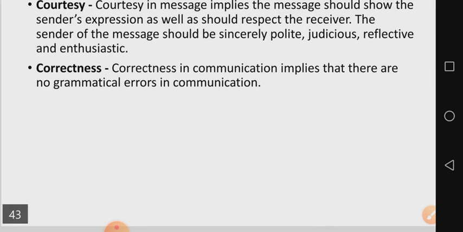And the last one is called correctness. Correctness in communication is very important, which implies that the message you have composed is grammatically error free.